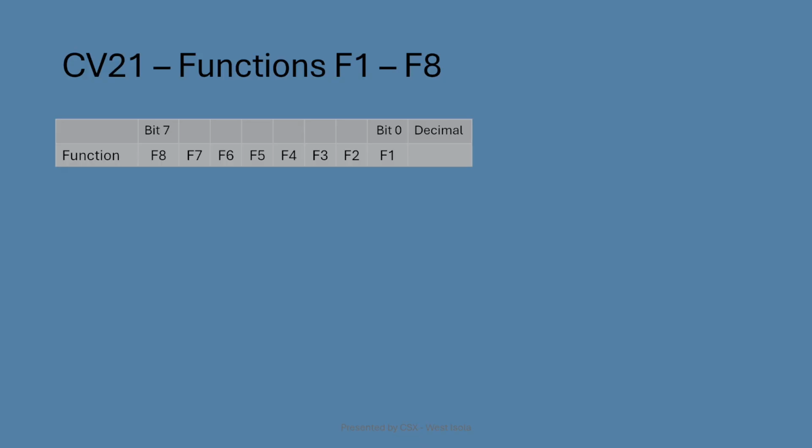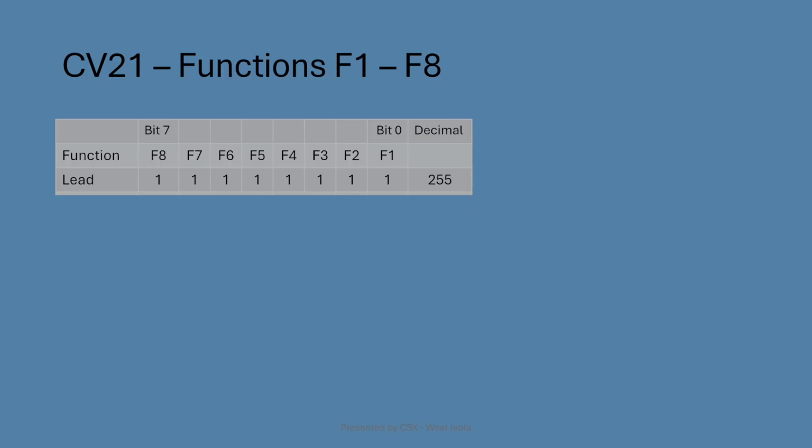Now, this CV and the ones we're going to do next are only operational while there's a valid consist address in CV19. As soon as you set CV19 to 0 or 128, it completely ignores what's in these CVs. It'll ignore what's in CV21 completely. They only apply while it's in a consist.